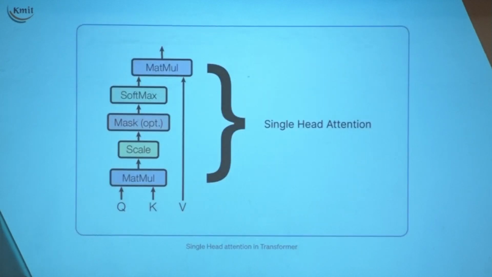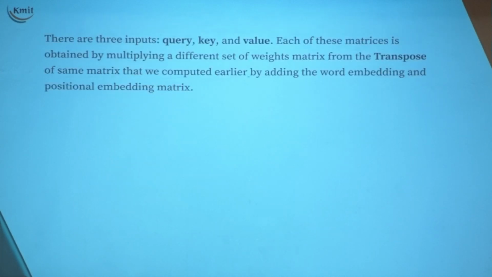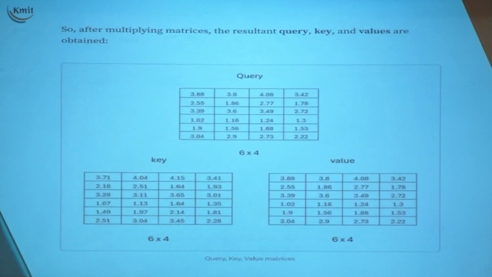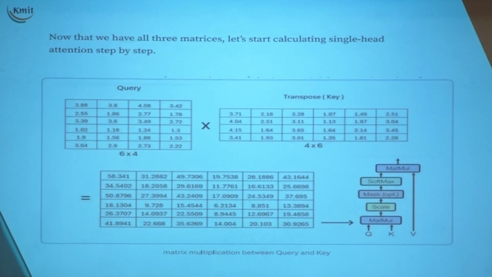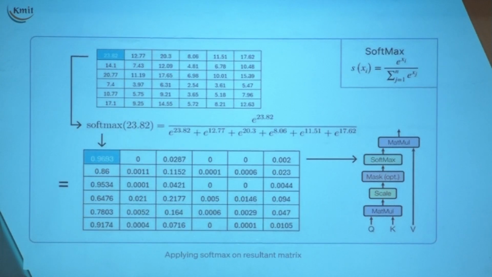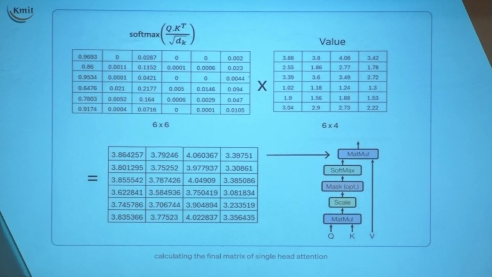What will happen inside the encoder? Multi-head attention will happen inside the encoder, where the input is multiplied with the query, key, value weights, with which I generate QKV values. After that I perform Q into K transpose divided by square root of dk, apply softmax to that, and multiply that with V. So this is the final output of MHA.